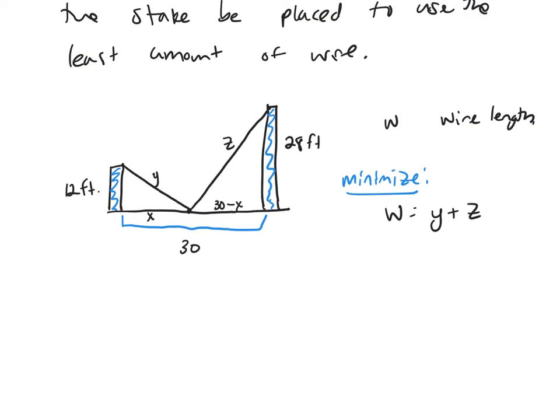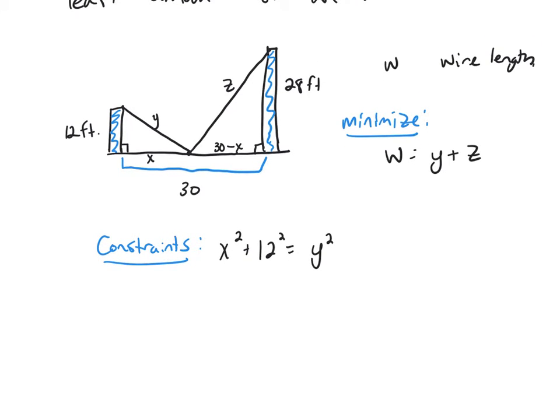So now I have some constraints. What are my constraints going to be? Well, if you look, you have right triangles, so we have the Pythagorean theorem. x squared plus 12 squared equals y squared. If I solve for y, it's going to be the square root of x squared plus 144.